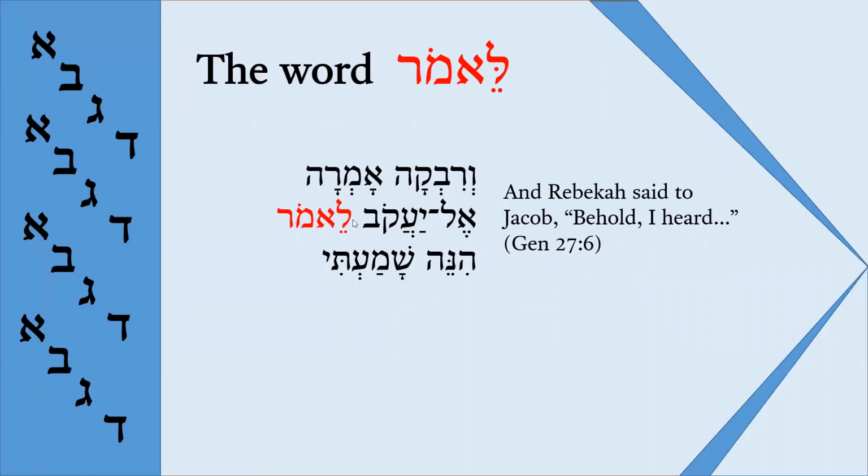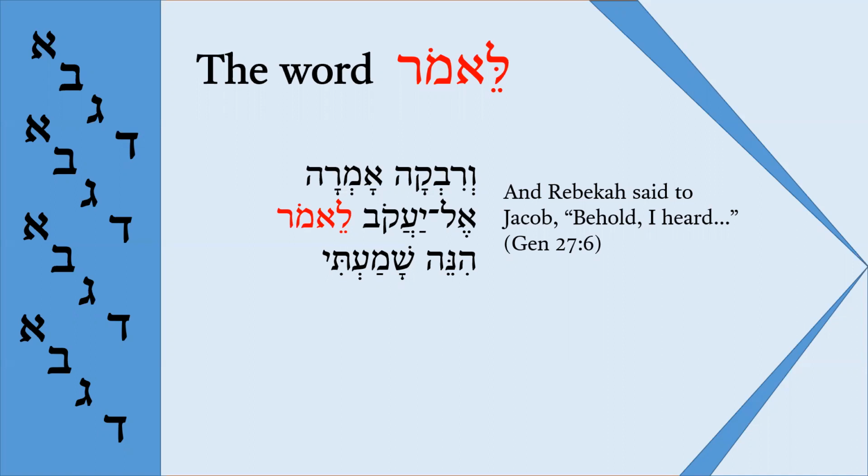Do you see in the translation, and it seems to me it is the English Standard Version, this lemor is just omitted because it is not needed actually. But sometimes it is provided in the translation as the word saying. And Rivka said to Jacob, saying, behold.